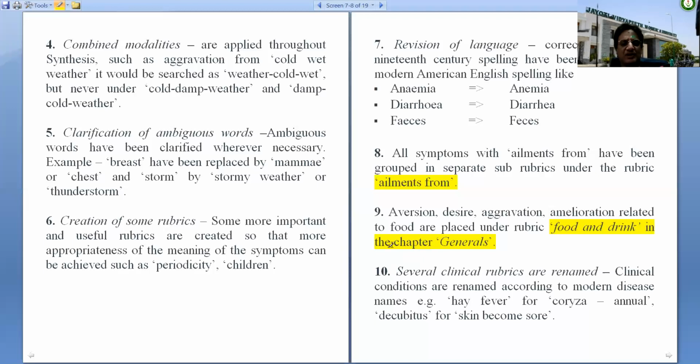Along with this condition, the patient also has vertigo, a vertiginous feeling, whenever the pain is aggravated. So in this case you have a peculiar sensation, a peculiar locality, a peculiar concomitant, that is vertigo, and the ailment from also.